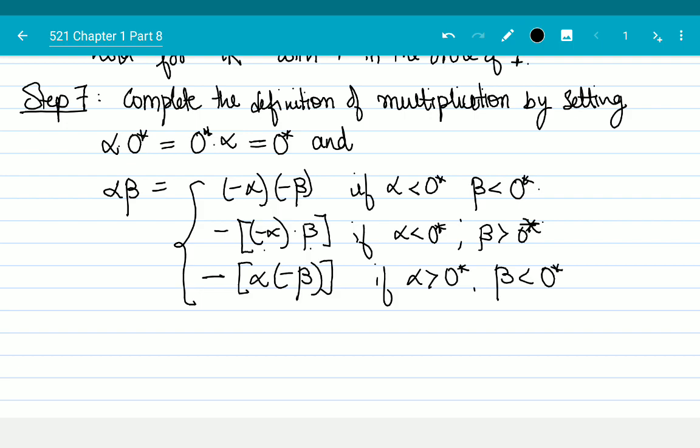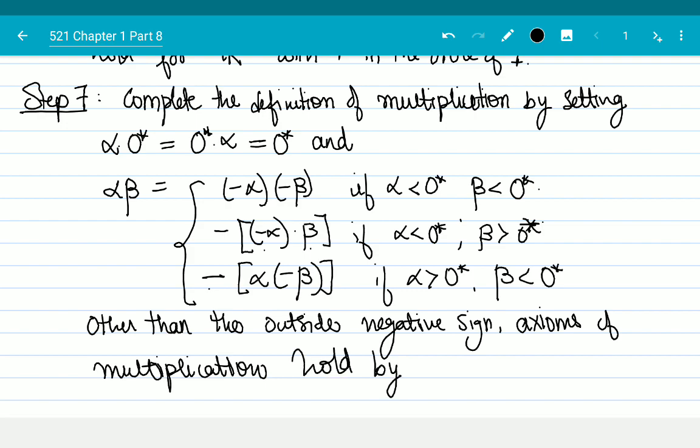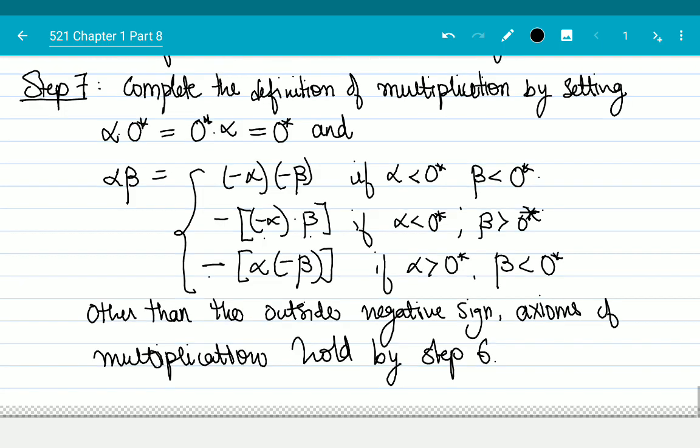Now, everything is multiplication, since this is all positive other than the outside negative sign, the axioms of multiplication hold by step 6.